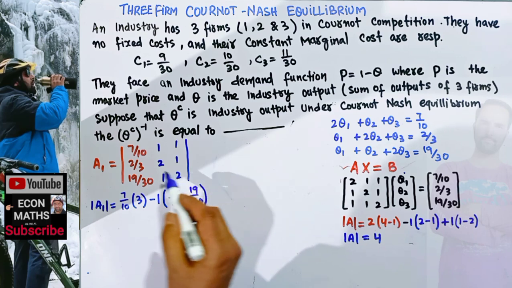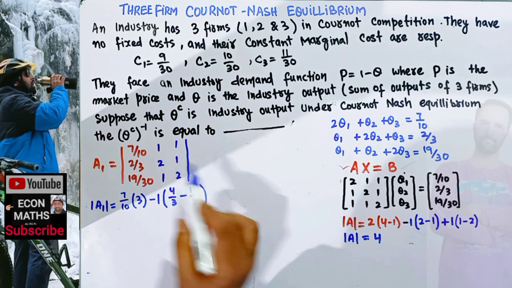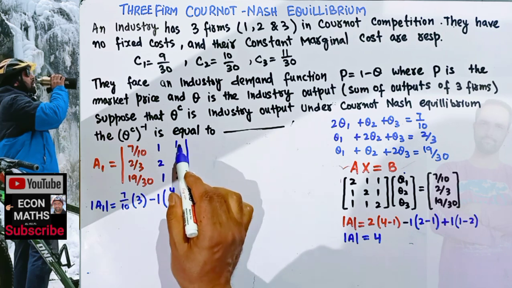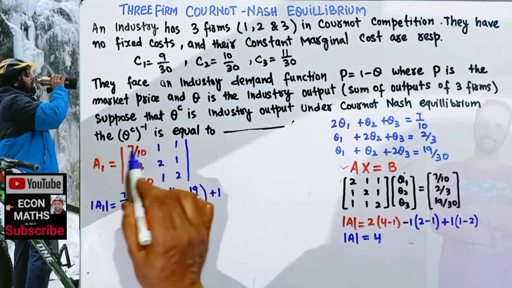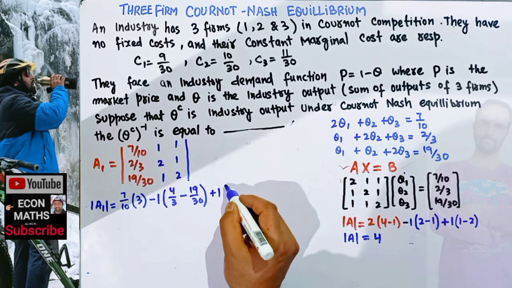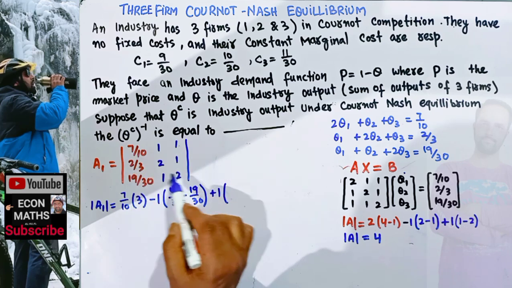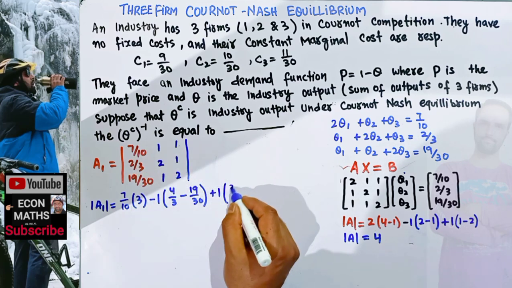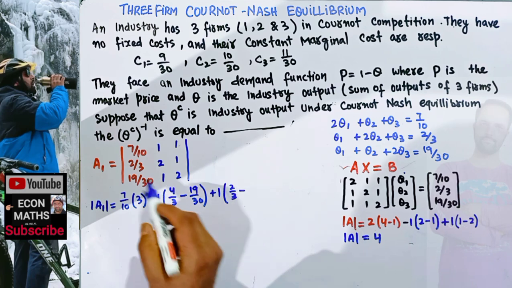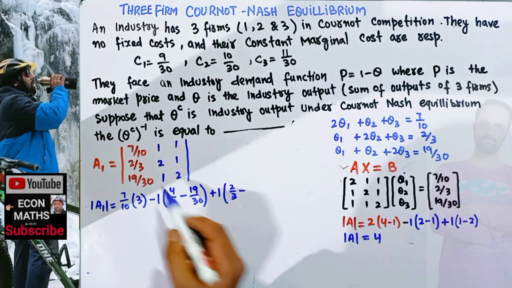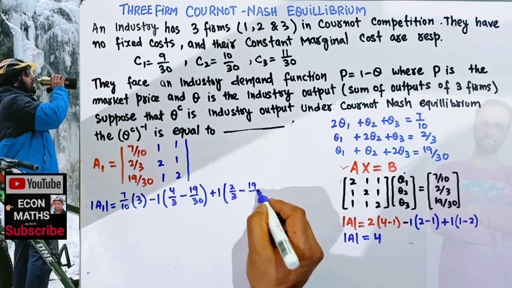Then we have plus again, plus 1. This time we delete this row and this column and take determinant of the remaining elements. So what are the remaining elements? We have 2 upon 3 minus, so here 2, so it will become 15, so we have 19 upon 15.